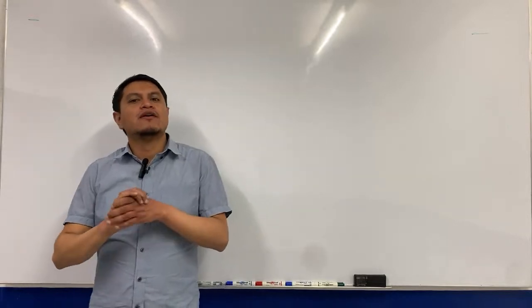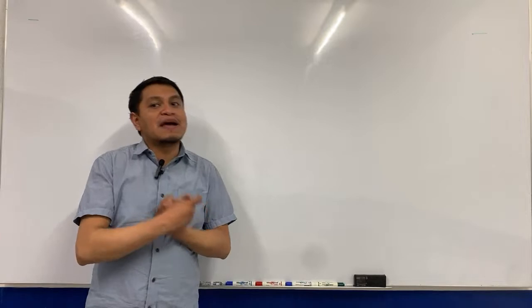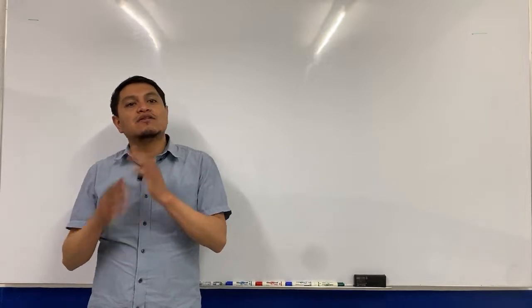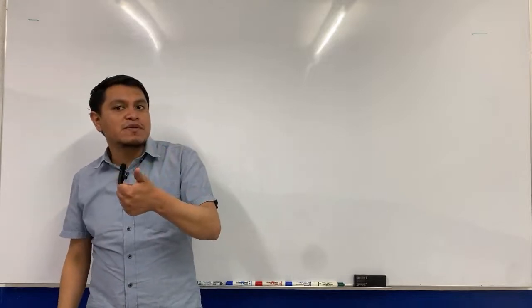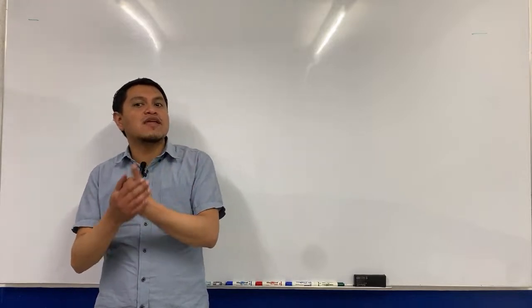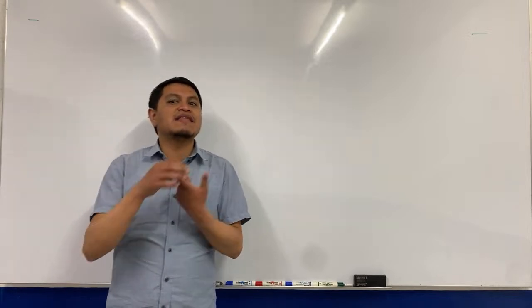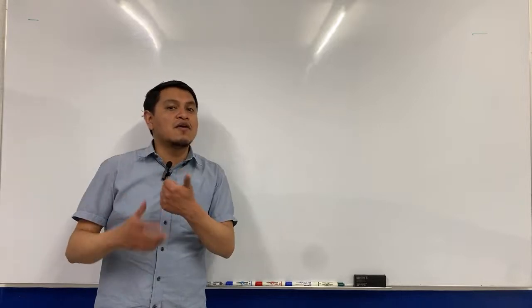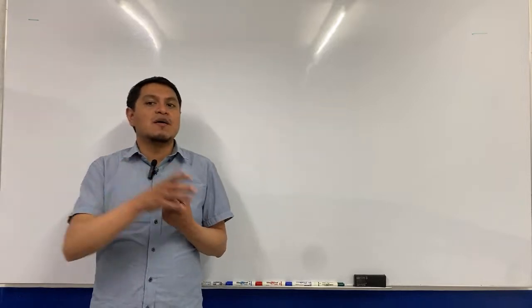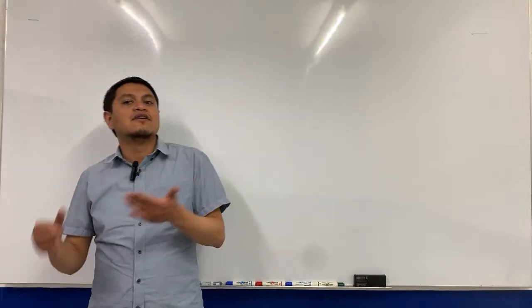Right. Remember, we use any with interrogative and negative sentences, with countable or uncountable nouns. We describe the quantity of countable nouns with many, a few, some, and a lot of. And we describe the quantities of uncountable nouns with much, a little, some, and a lot of.